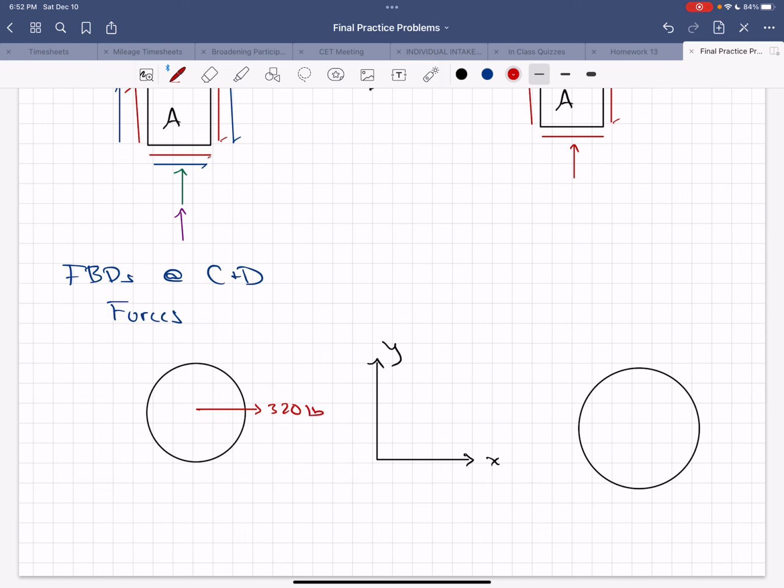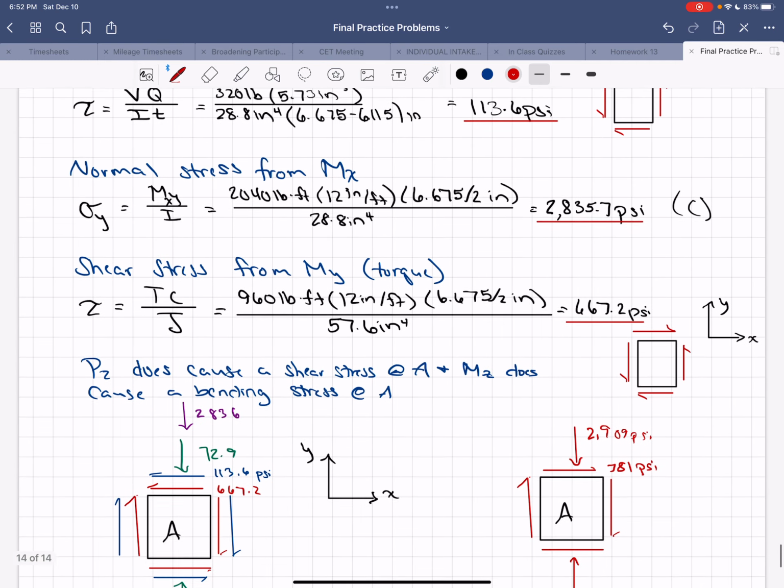We have PY, it's negative 410. And we have PZ, the axial force now is 180 pounds. PZ, PY, and PX.